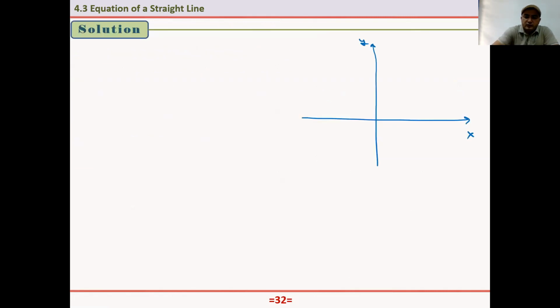Point P is 2, 3. 2, 3 is, let's say, somewhere here, that is point P. And Q is 9, 5. 9, 5 is somewhere here. So let's say here, Q, that is x coordinate is 9 and y coordinate is 5. Okay, that's PQ.